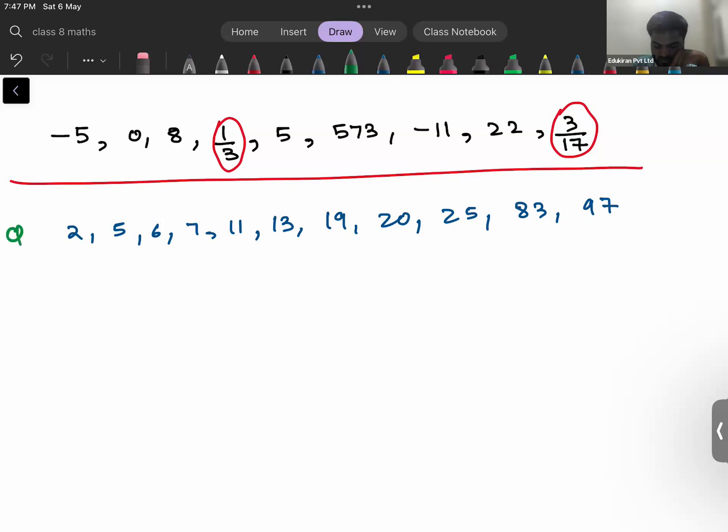In this question, you have to find the composite and prime numbers. What are the composite and prime numbers?